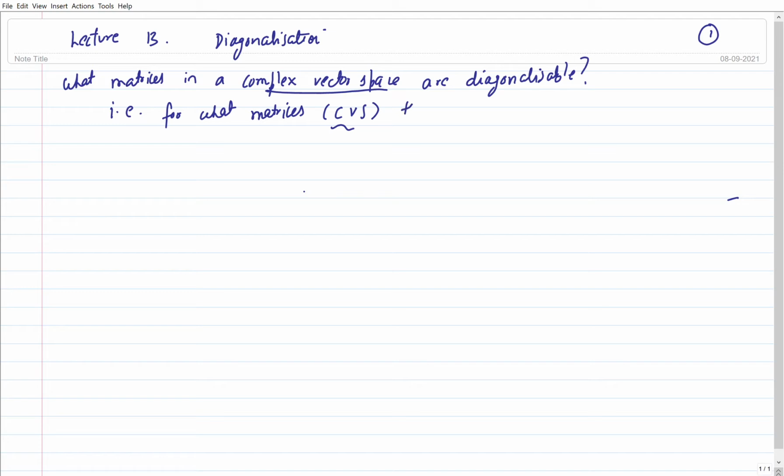there exists a basis in which the matrix is diagonal.